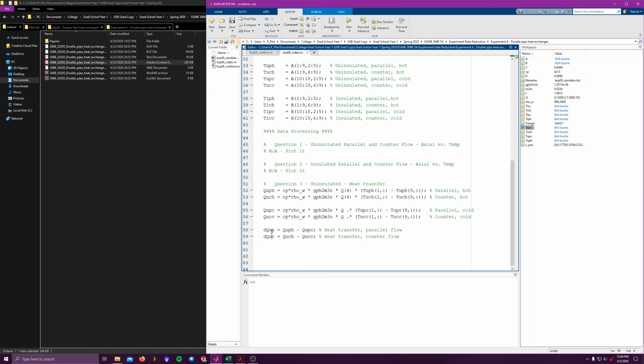For parallel flow, we have QH minus QC, and for counterflow, we also have QH minus QC. Okay, so that's it for question 3.